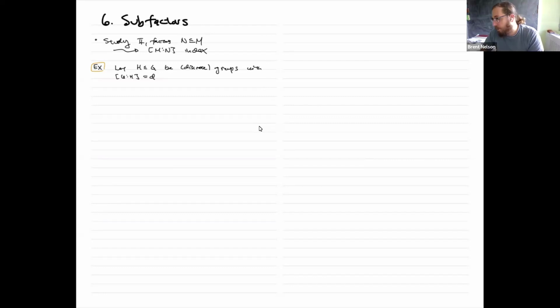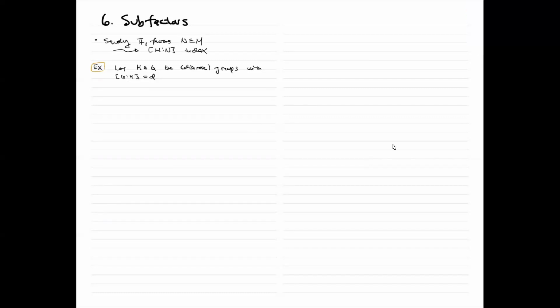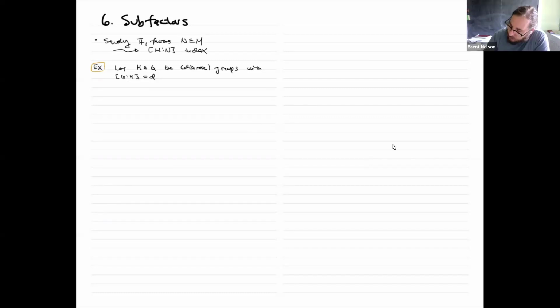First of all, can somebody remind us what index means in the case of groups? What is this quantity, the index of H in G? Like the number of cosets. Yeah, exactly. Thanks, Otto. This is the number of cosets in G mod H. It's also the cardinality of the quotient.